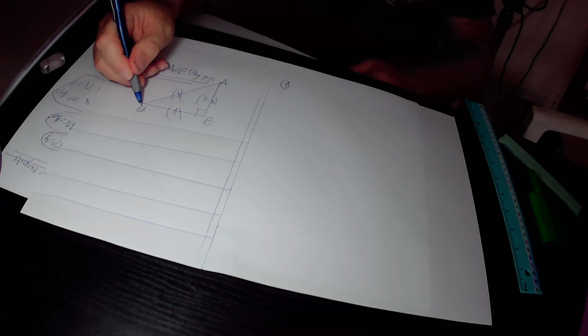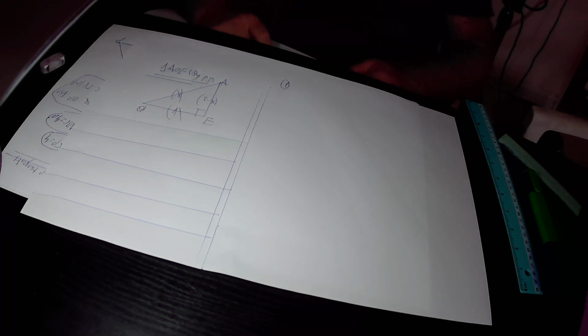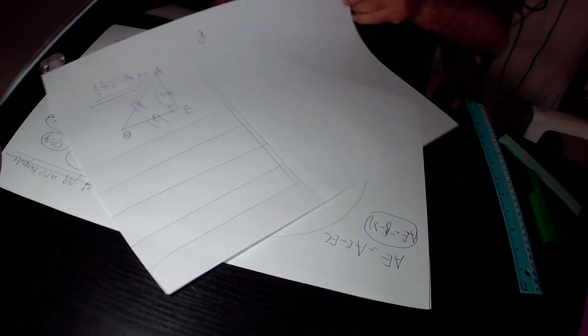According to the Pythagoras theorem, in this right triangle AOE, AO squared, that is the square of the hypotenuse, equals AE squared plus OE squared. So I write it down.